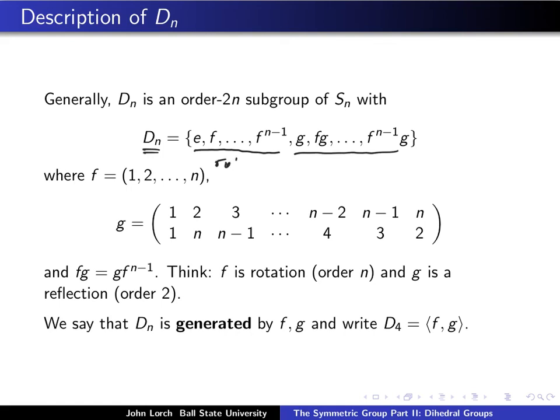Those will be the rotations, those will be the reflections. F is a cycle, like 1, 2, up through n. And G here, I've not written it as a product of cycles or anything like that. I think it's easier to see it this way. This G is a reflection across the vertical midline.